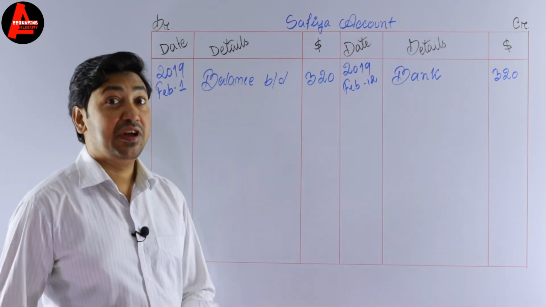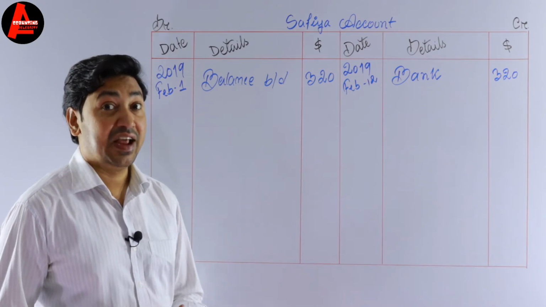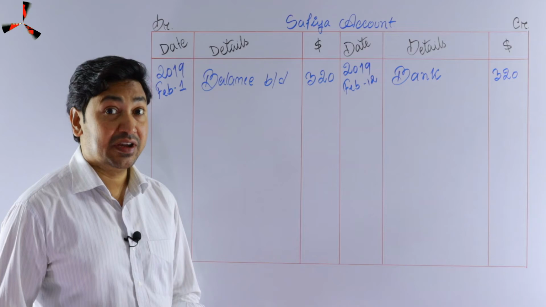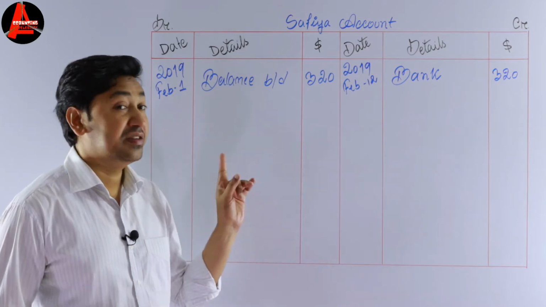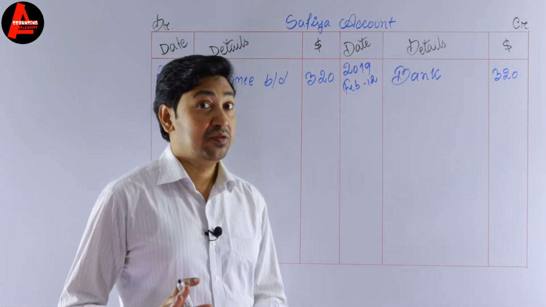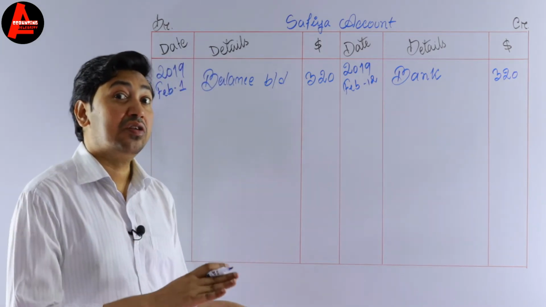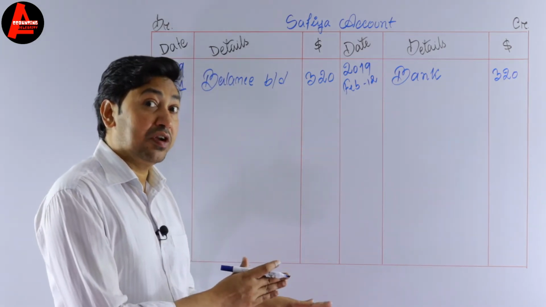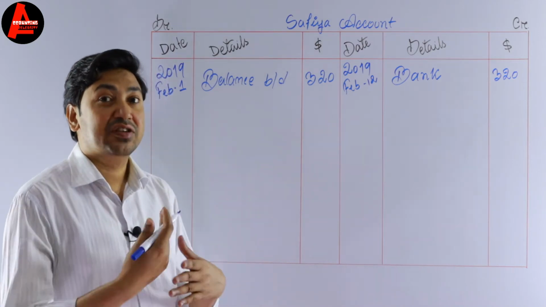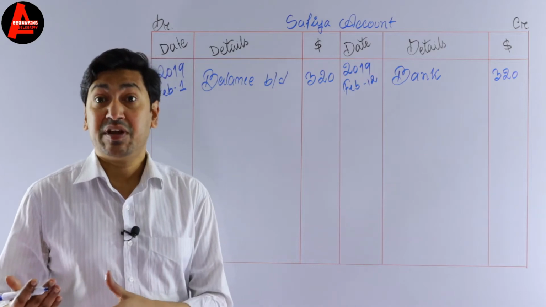Shafia is to be debited and sales to be credited. Here Shafia is debited, so we record it on the debit side. Don't think about purchases. Shafia purchased, but we are doing Shafia's account in Hamila's book. So what did Hamila do? Hamila sold goods to Shafia. That is the reason Shafia is to be debited and sales are to be credited.